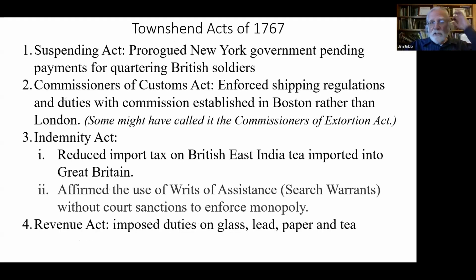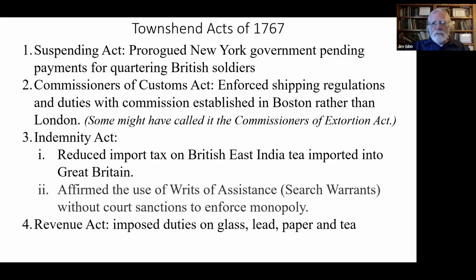Immediately following that, they passed what are called the Townshend Acts, named for Charles Townshend. One of them was the Suspending Act, which basically shut down New York's government, not just the city but the entire colony, until they paid to quarter British troops in New York.